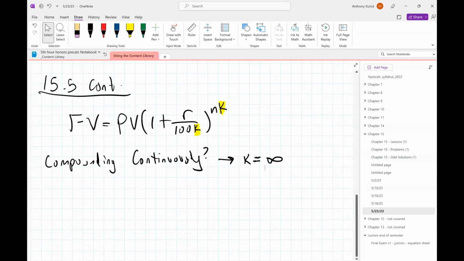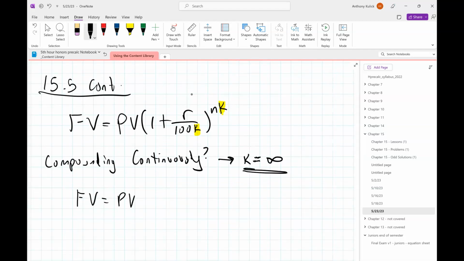So let's just see what's going to happen. Keep in mind that eventually we're going to want to put k in as an infinity, or at least approaching infinity. But let's start with what we have here.